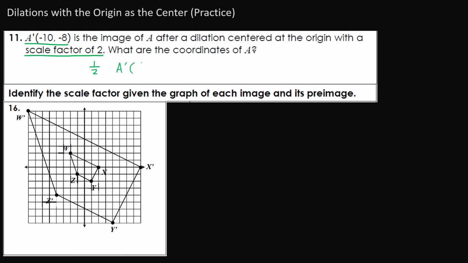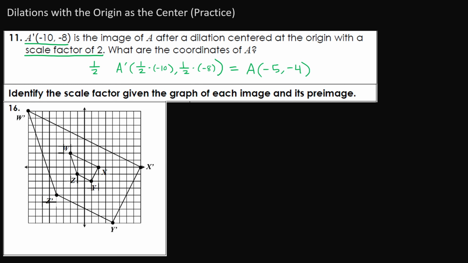So here's A prime, and we're going to go 1/2 times -10 and 1/2 times -8. And that's going to give us A. So that means A will be at -5, -4.